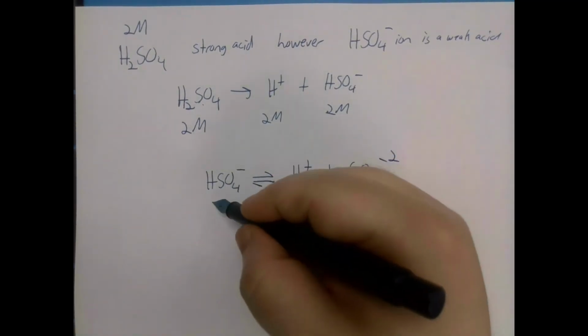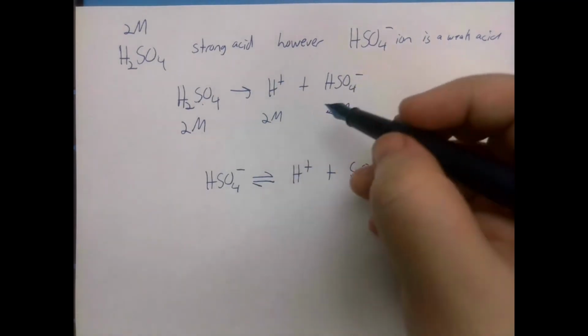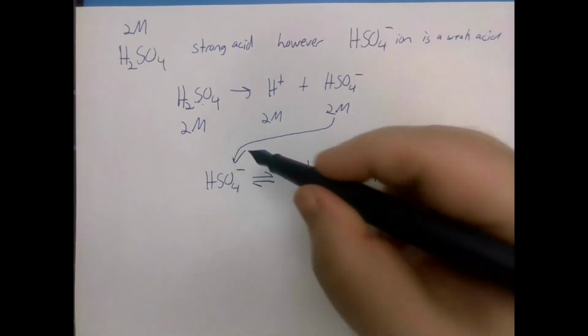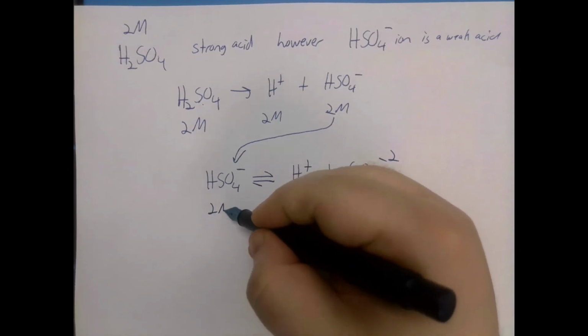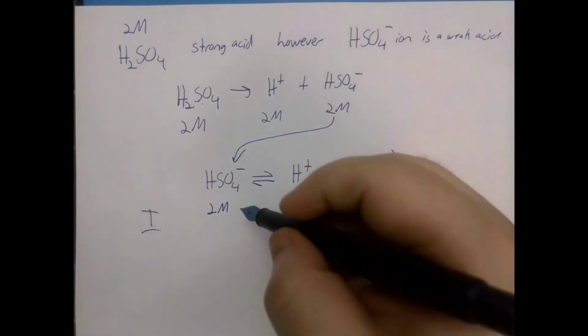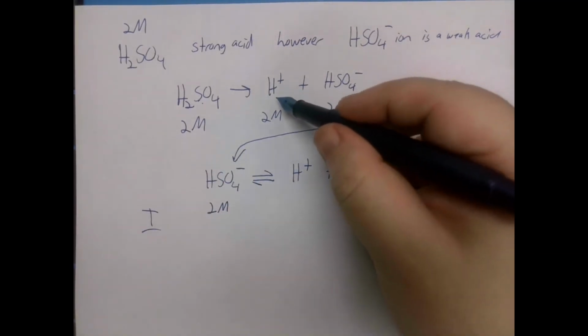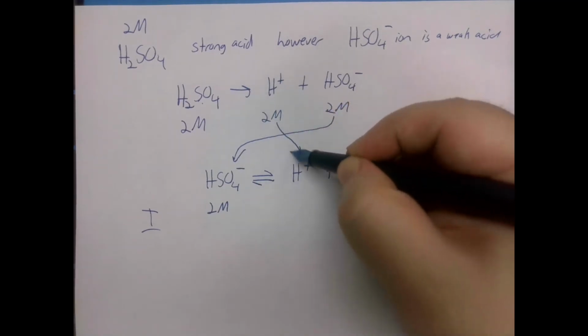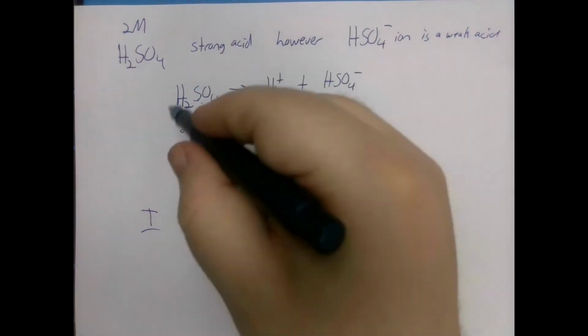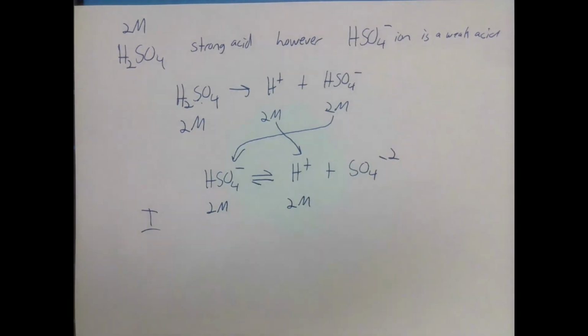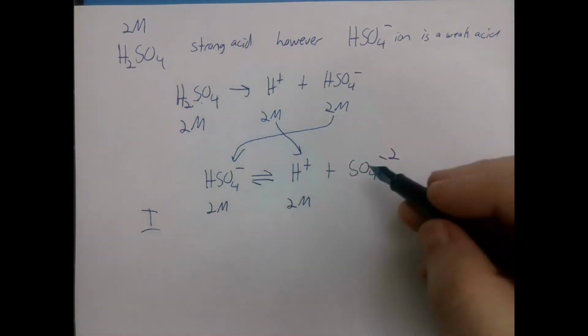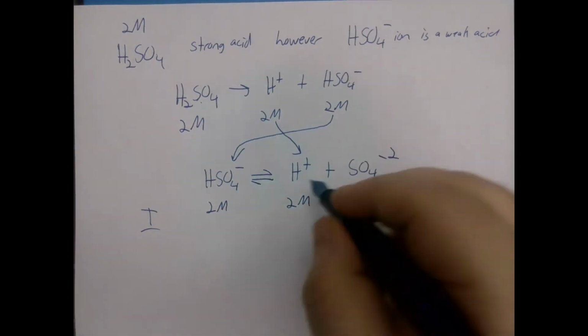So we're starting out with 2 moles per liter of HSO4 negative. That'd be your I. We're also starting out with 2 moles per liter of H plus from the original acid, assuming this is right before we actually start breaking this apart.